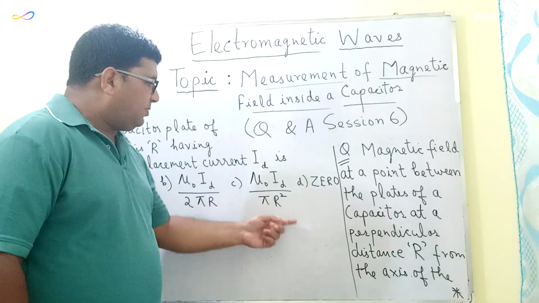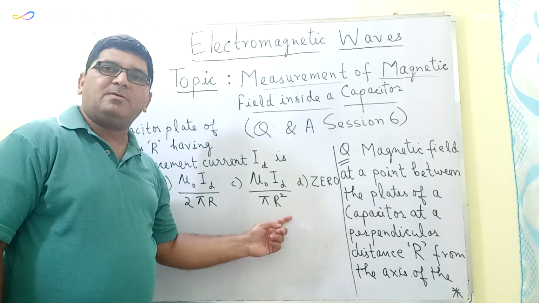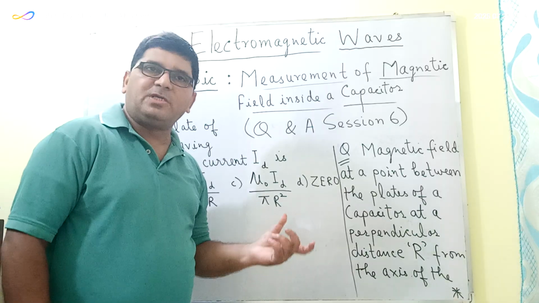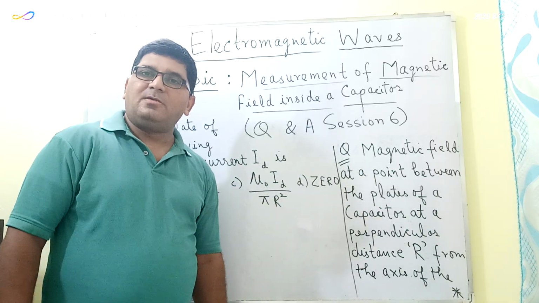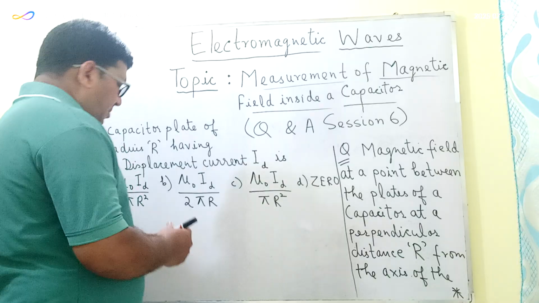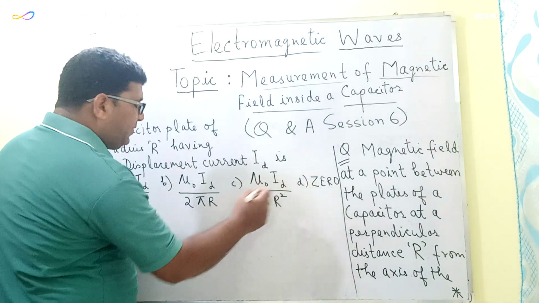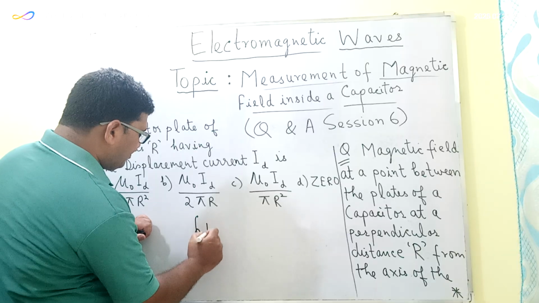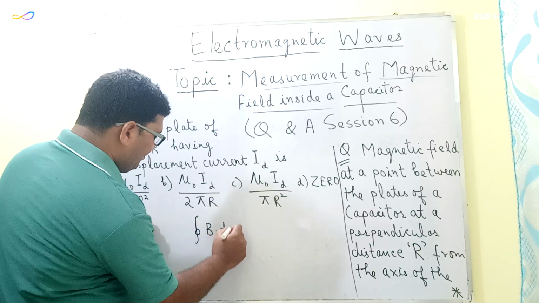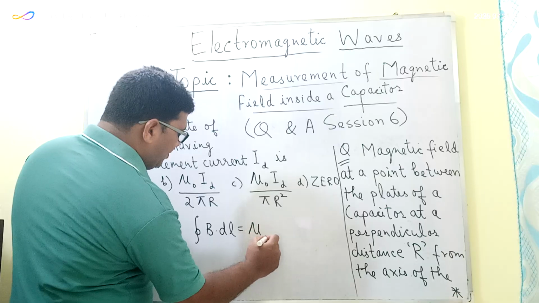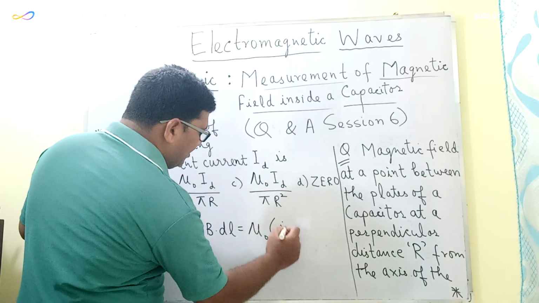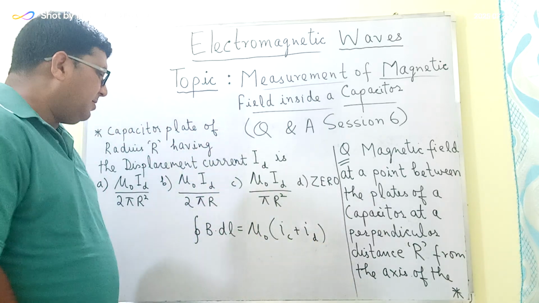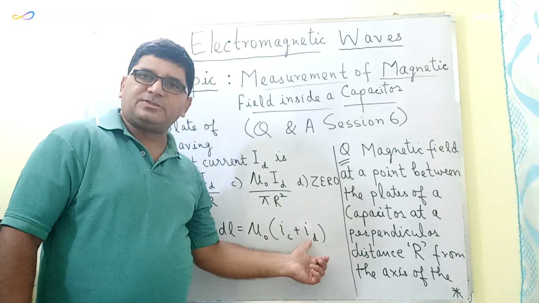In order to solve this question, I will be using the Ampere Maxwell equation. The Ampere Maxwell equation is one of the 4 equations which comprise the Maxwell equations. It is given by the line integral of the magnetic field equal to mu naught (IC plus ID), where IC is the conduction current and ID is the displacement current.